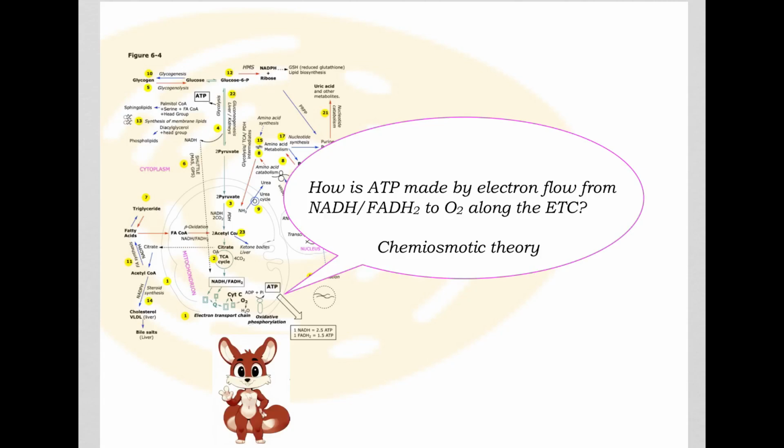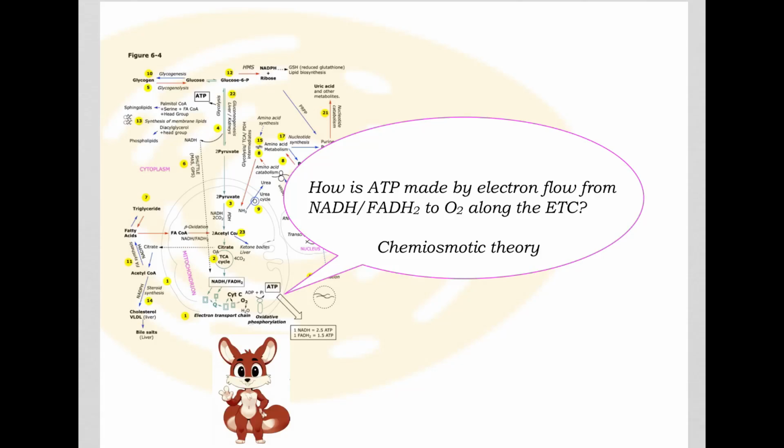The answer to this question is the chemiosmotic theory. Basically, the chemiosmotic theory tells us how electron flow through the electron transport chain causes ATP synthesis by this enzyme here that is called ATP synthase.